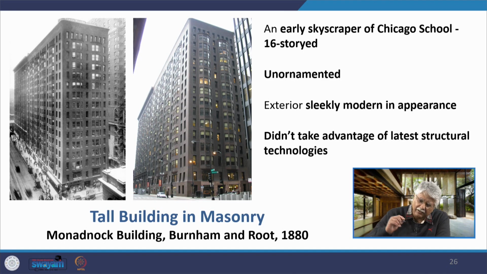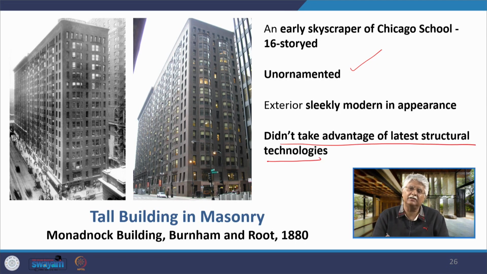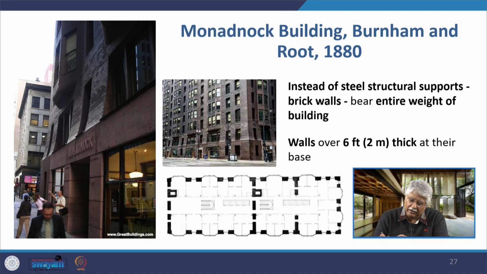It is a 16-storied early skyscraper of the Chicago School, completely unornamented, and the exterior is very sleekly modern in appearance because there is no ornamentation on the outside, but it was not taking advantage of the latest structural technologies. So in terms of aesthetics it is very forward looking, in terms of structural system it is backward looking. This Monadnock Building, instead of steel structural supports, had brick walls bearing the entire weight of the building.